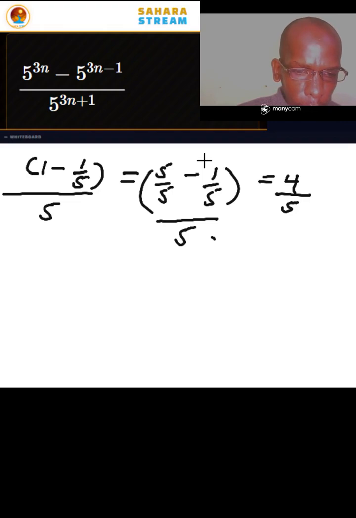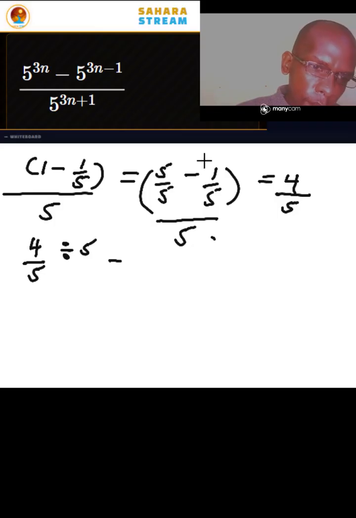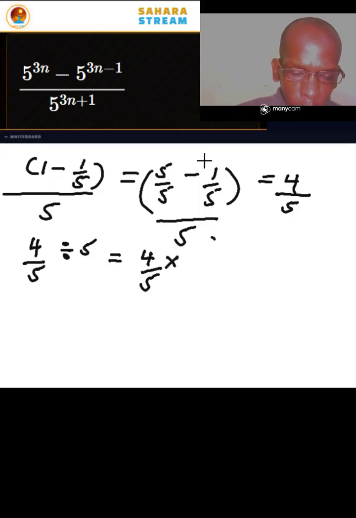So now it becomes 4 over 5 divided by 5, and I can use the normal division, which is the same as 4 over 5 multiplied by 1 over 5.